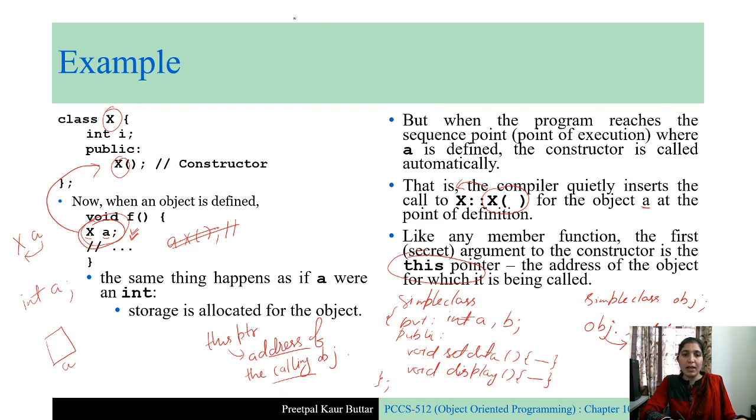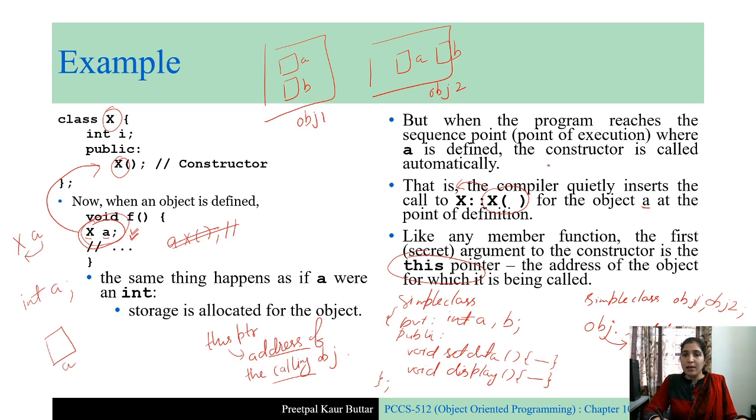Because there can be multiple objects of simple class. Suppose obj1 can be there, obj2 can be there. Each of them will have their own data members, A, B. These are A and B of obj1, and these are A and B of obj2.